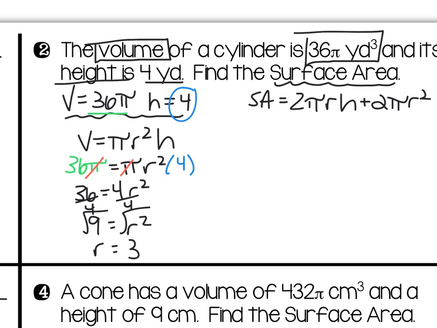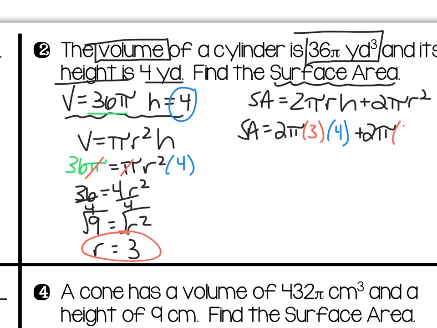And now I can plug that into my surface area formula. Surface area equals 2 pi, now my radius is 3, and my height was 4, plus 2 pi, radius is 3, squared.